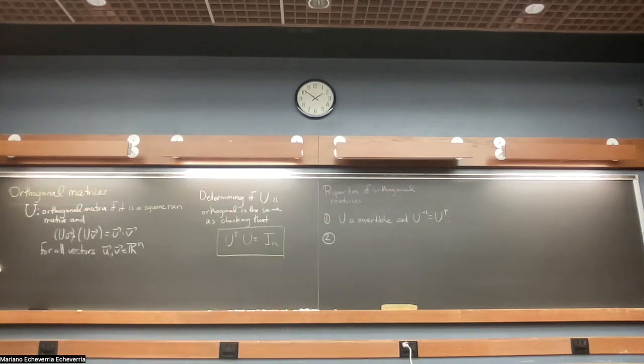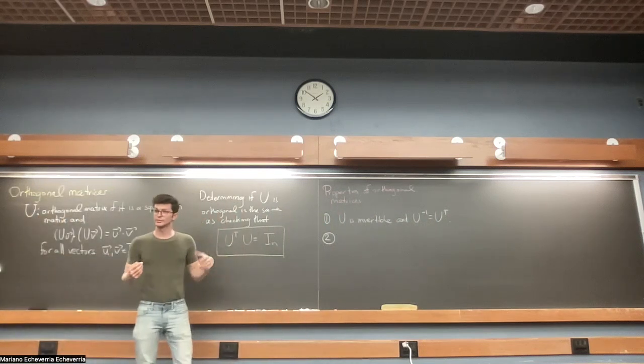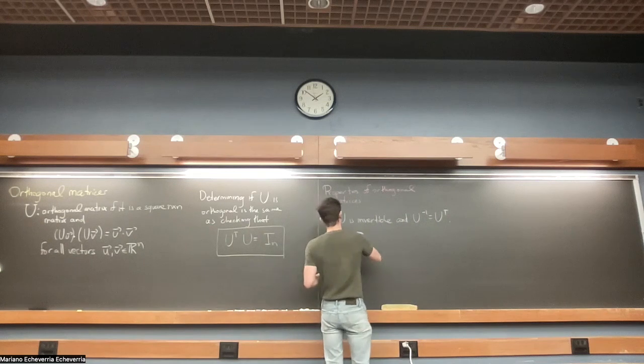Another property, which is pretty straightforward, is that the determinant of U has to be plus or minus one. That's also nice to have.